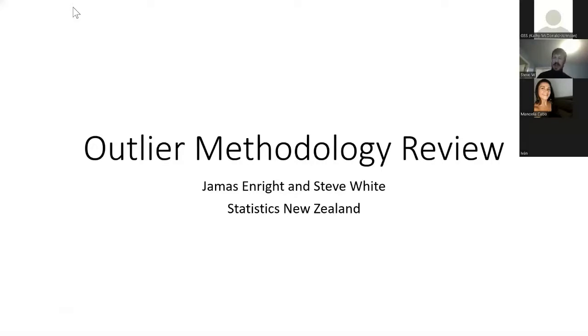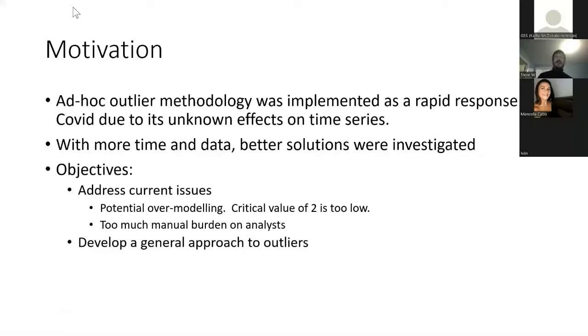Thanks. Right. So this talk is motivated by COVID affecting time series. COVID started affecting New Zealand time series in early 2020, no surprise there. To handle those events in our time series, we implemented a sort of ad hoc outlier methodology.